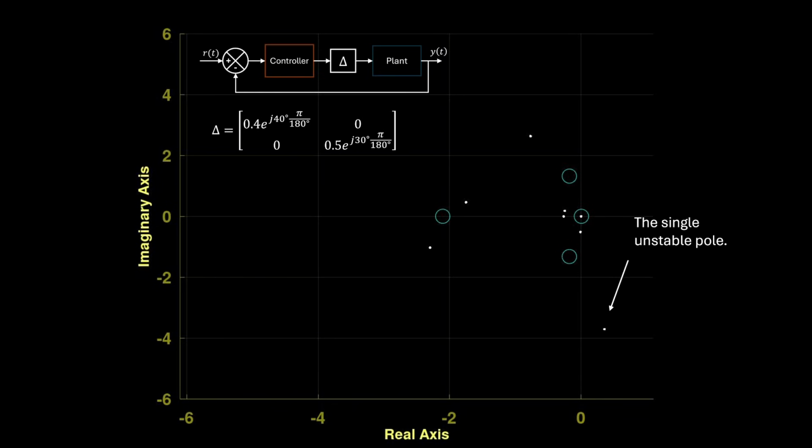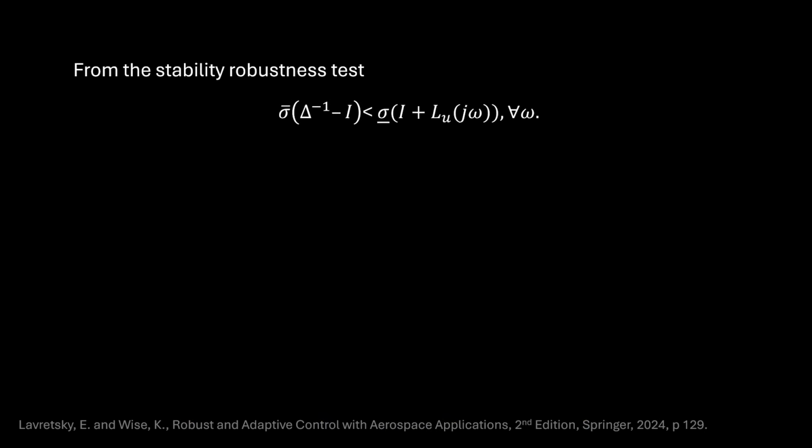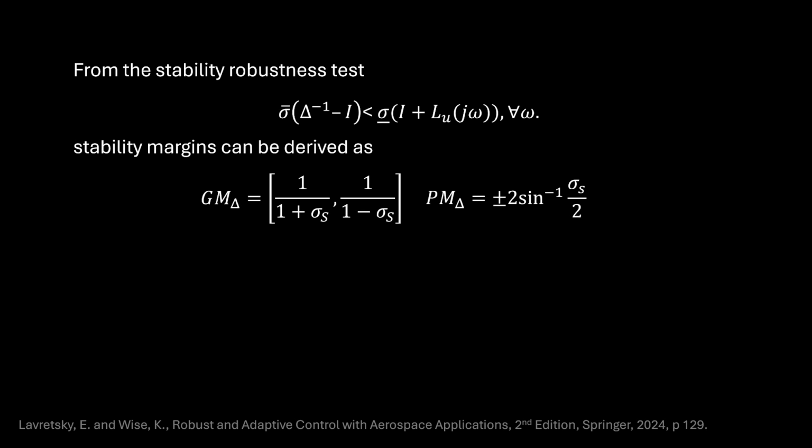How much can we tolerate in gain and phase before going unstable? Of course, a trial and error brute force approach to quantifying margins is inefficient, but stability margins based on singular values do exist. They can be derived from the stability robustness test, and for the multiplicative disturbance, we arrive at a formula for both positive and negative margins in gain and phase.